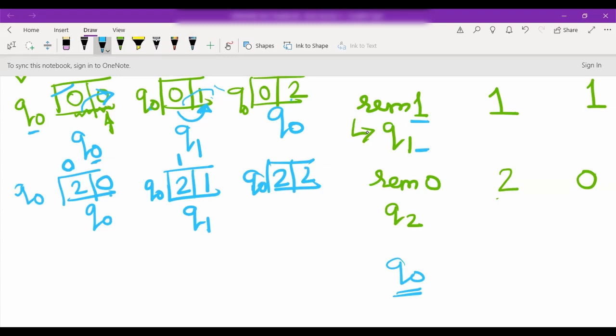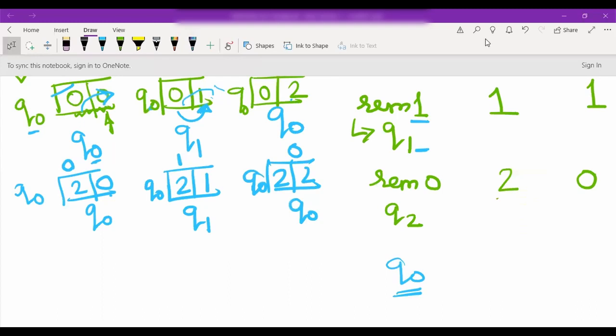Number 8 goes to the Q0 state because it is going to generate the remainder 0. Number 8 is divisible by 2, so we got remainder 0.